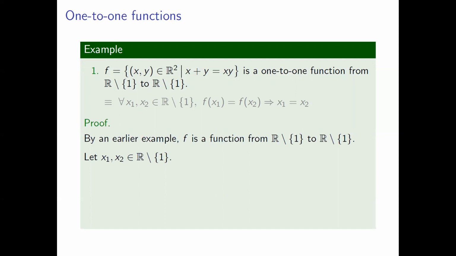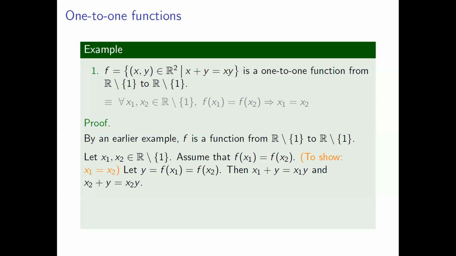To do this, let x1 and x2 be arbitrary real numbers not equal to 1, and assume that f of x1 equals f of x2. We need to show that x1 equals x2. Let y denote the common image of x1 and x2.